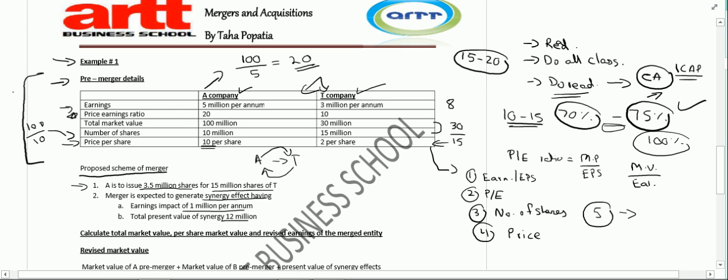Since this is a basic example, the question is very straightforward, but in exam questions you will be required to compute the number of shares which you are issuing to merge with T. You will also be required to calculate the earnings amount, which over here is provided directly, which is 1 million, and to compute the present value of synergies.